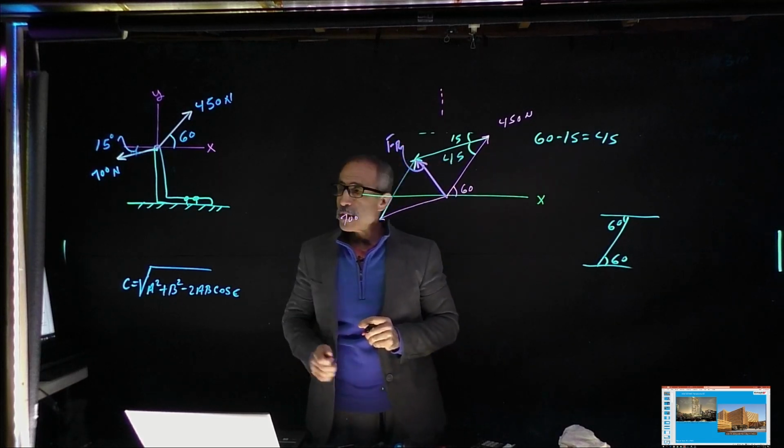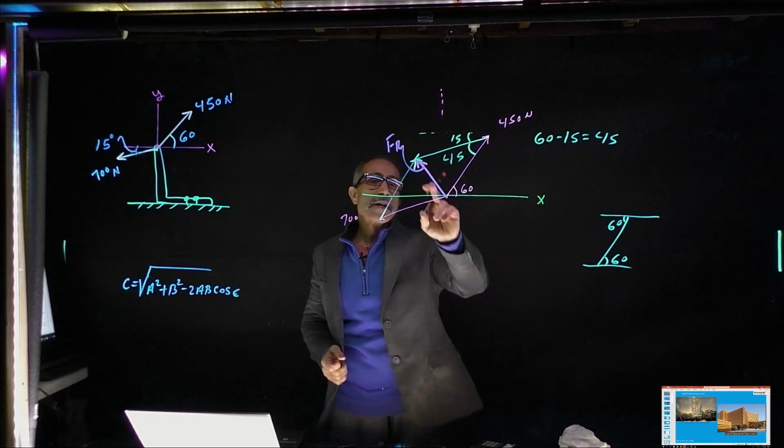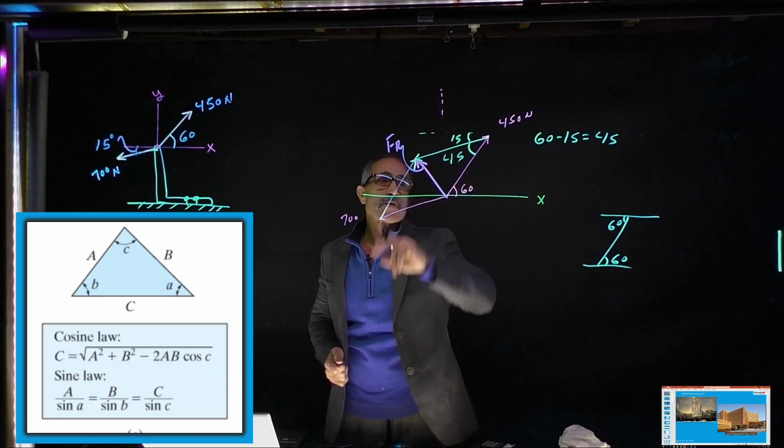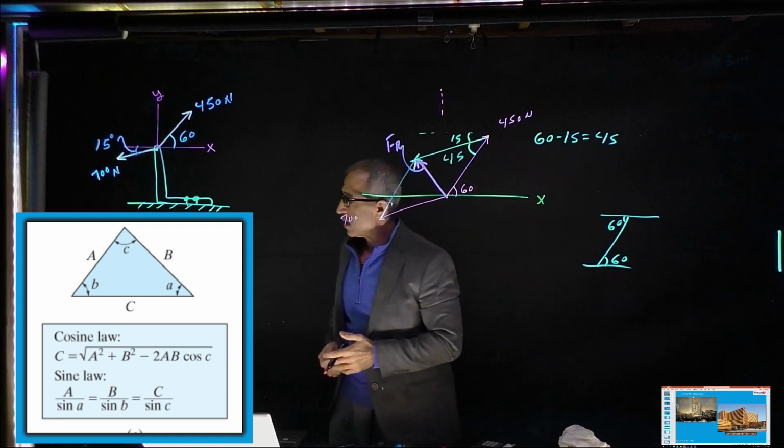And how are we going to do that? Using the cosine law. If this is our C, and we know the angle between both of them, and we know the magnitude of both of them, we're going to go ahead and use that.